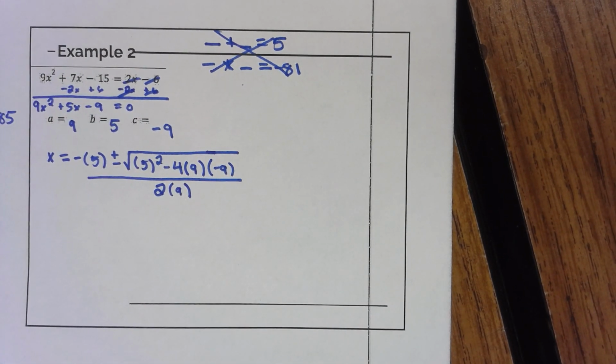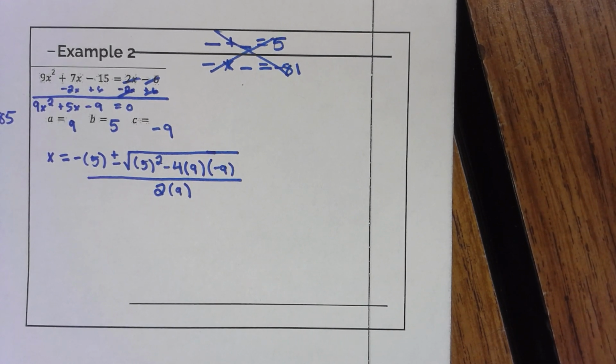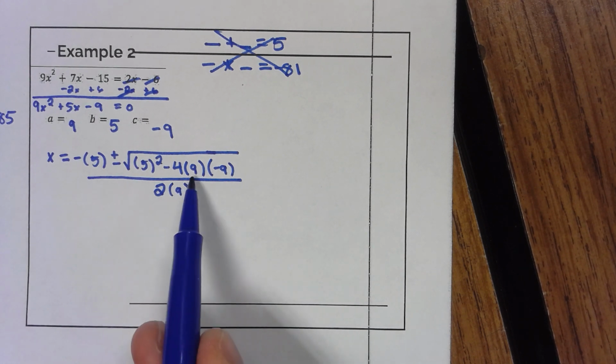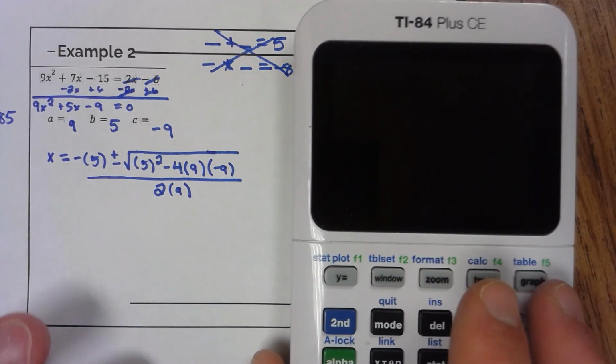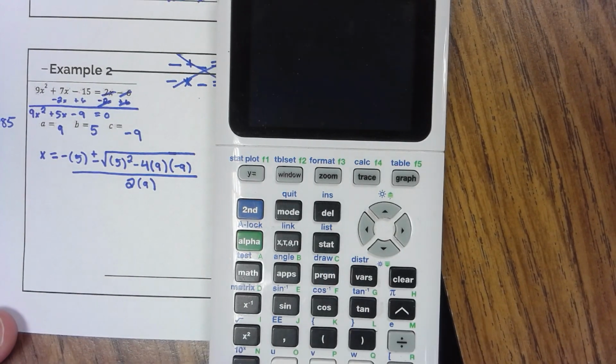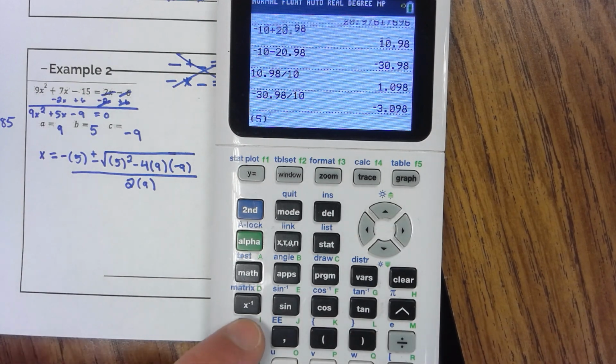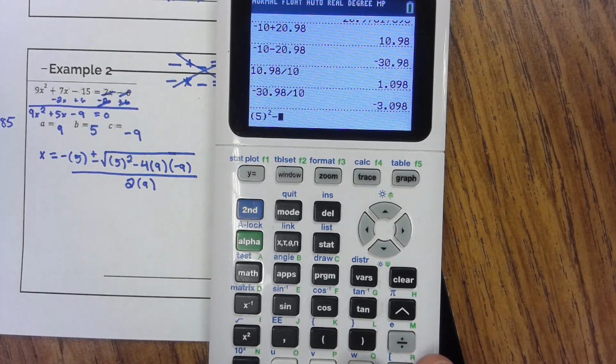Again, notice my use of parentheses there. Really important, especially since we're relying on the calculator to do a lot of the work for us. All right, we're going to figure out what value we get underneath our square root by plugging that into our calculator exactly as we see it. Again, the parentheses are really important here. So I'm going to go open parenthesis 5, and that's going to be squared. Then minus 4, open parenthesis 9, open parenthesis.